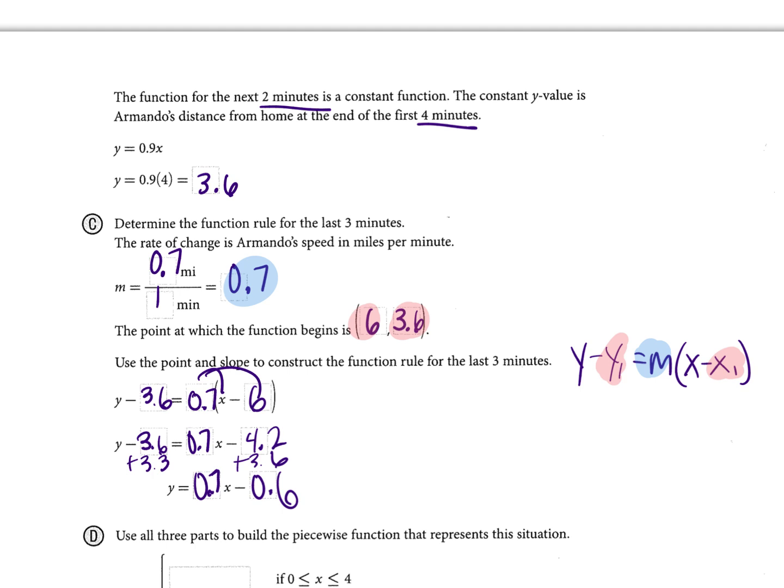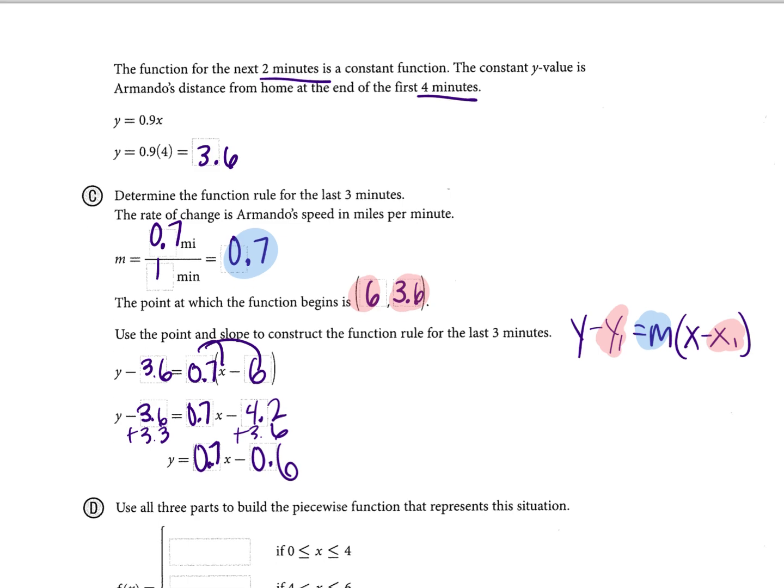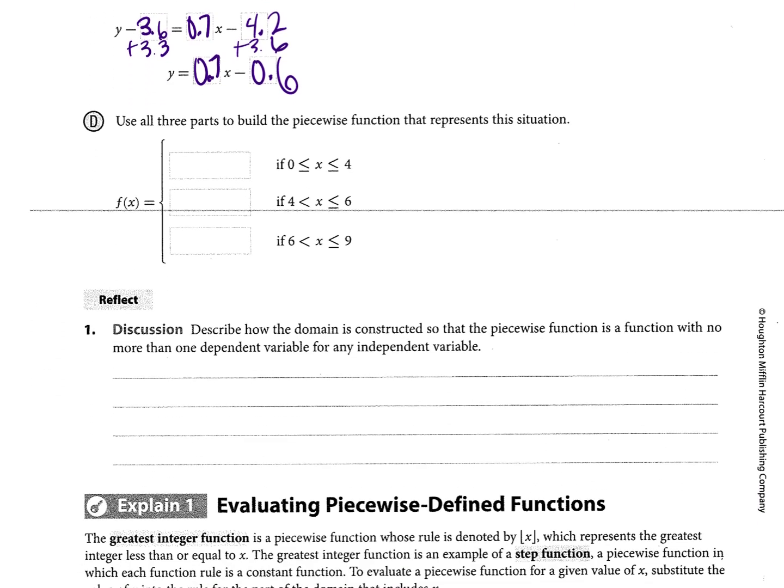Use all 3 parts to build the piecewise function that represents this situation. The equation for the first part of the graph was 0.9x plus 0, but we don't need that part. Then the second one, it ended up at 3.6 the whole time, and the slope was 0, so all we need is that y value.